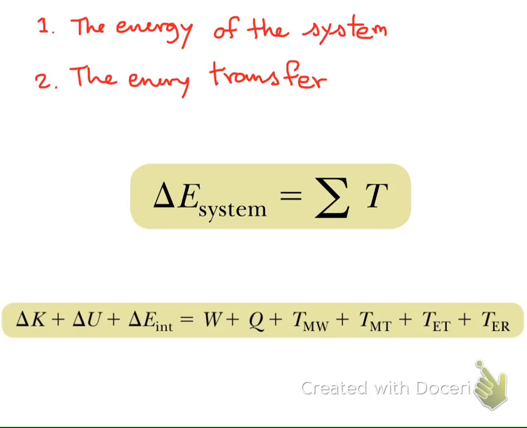Mathematically, we can say that the change of the energy in a system is equal to the total energy transfer. This equation: the change in the total energy of the system is equal to the total energy transfer in or out, into the system or out of the system.